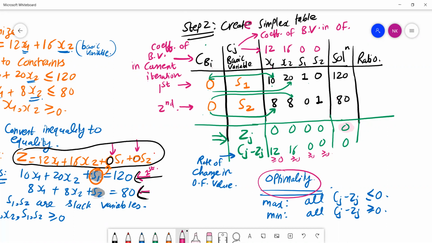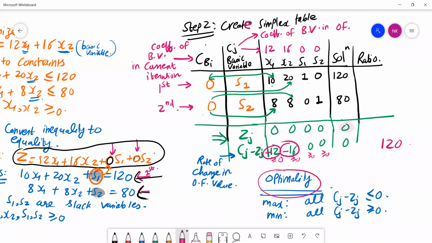Now, for example, if I would be having over here minus 12 and minus 16, then that means that by further iterations, you will be reducing your profit. Why? Because the sign is negative. You will be reducing your profit, and we don't want that, because our case is maximization.